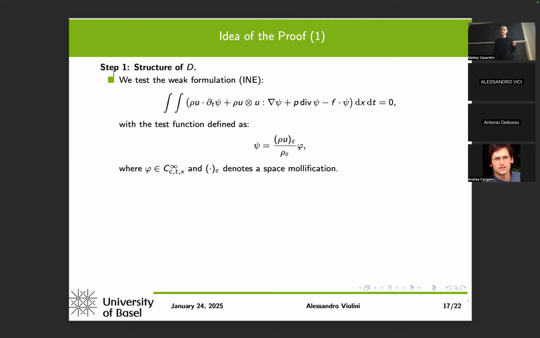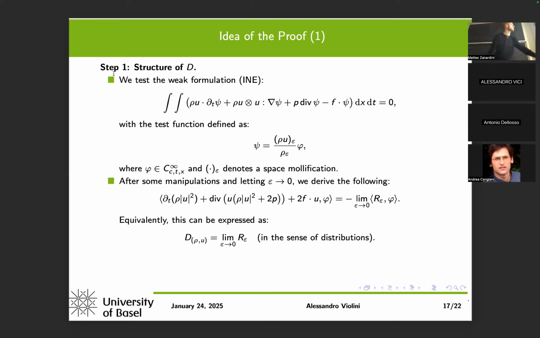The reason why I use this test function is because it allows me to do more computation in a low regularity framework. So you can pick this function, you can put this psi here, and you can go on with the computation, a couple of pages, and you will reach something like this. So your local energy dissipation, in the sense of distribution, is equal to a remainder, where this limit has to be intended as a limit in the sense of distribution.